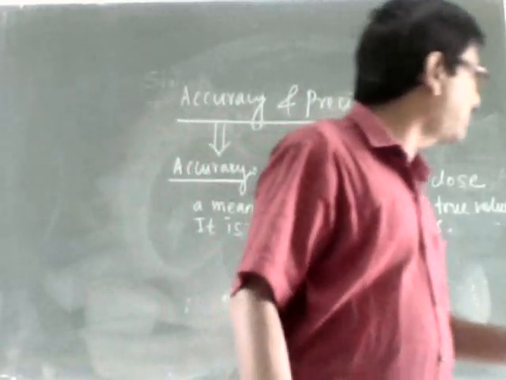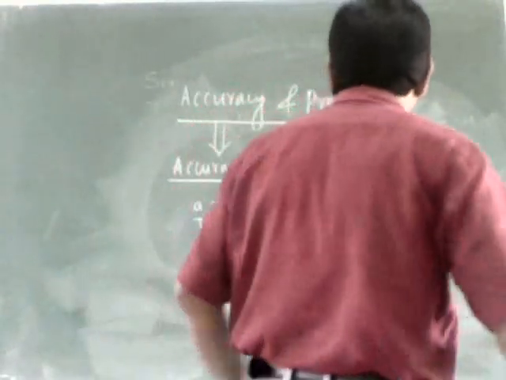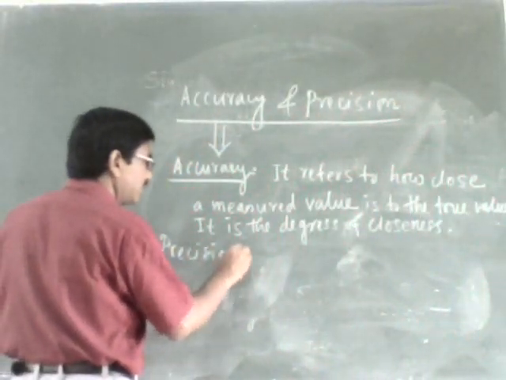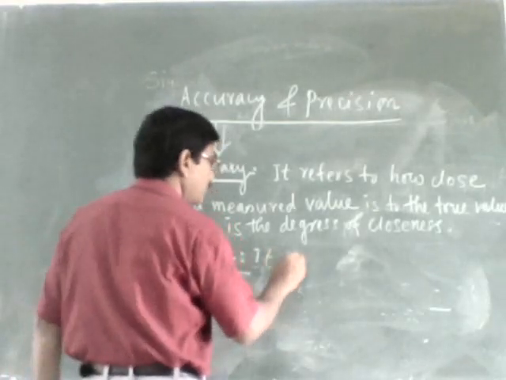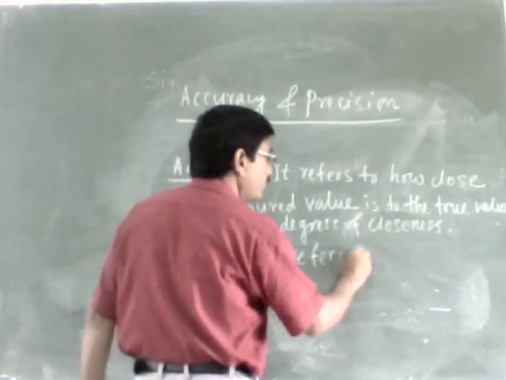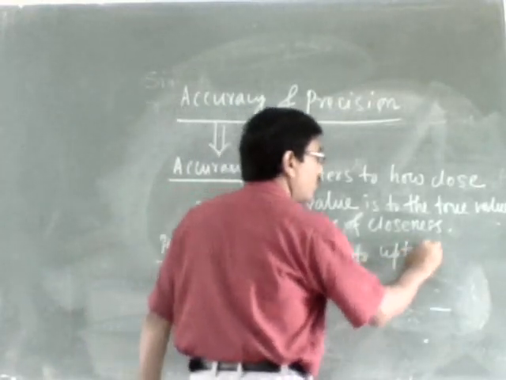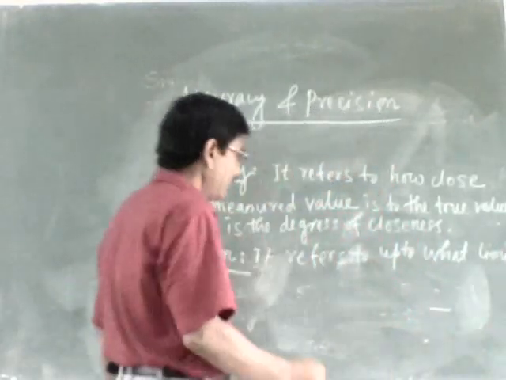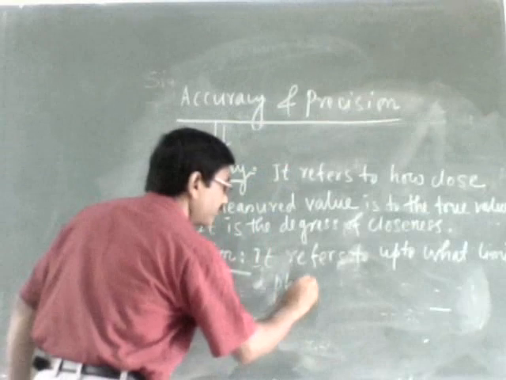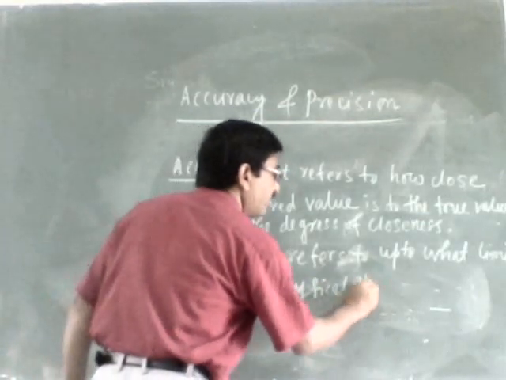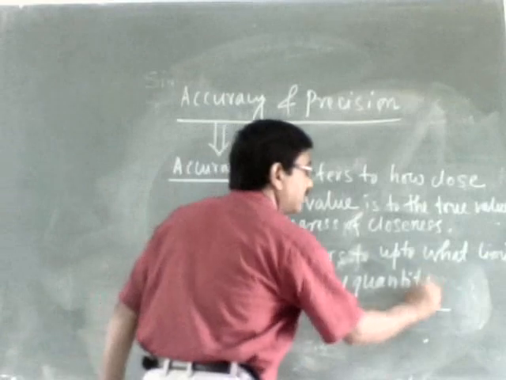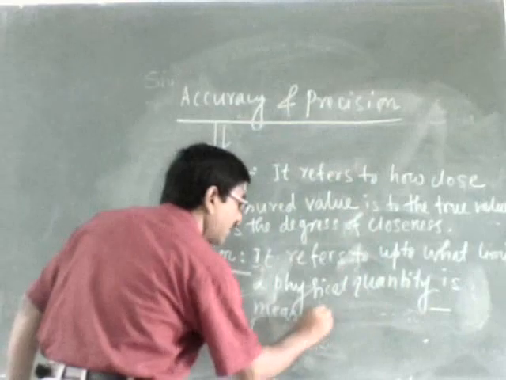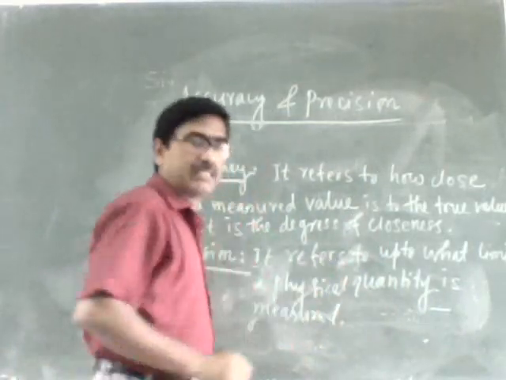And precision refers to up to what limit a physical quantity is measured.